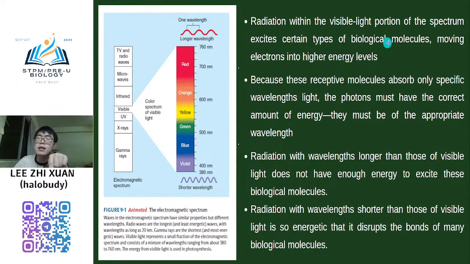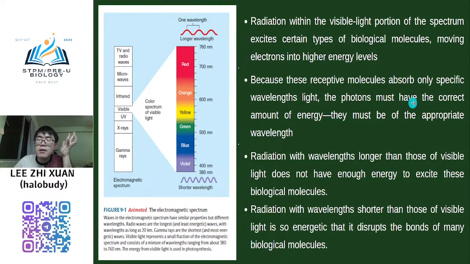It's the same for the biological molecule, in this case chlorophyll. Chlorophyll will also undergo an excited state. It can only become excited when it absorbs this light, because this molecule can only absorb this specific wavelength.